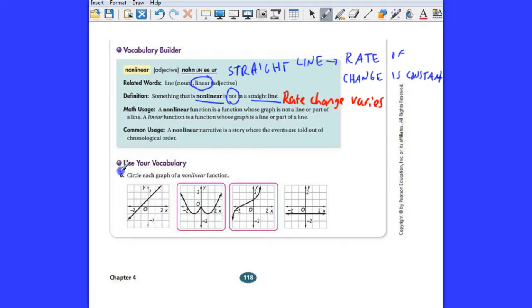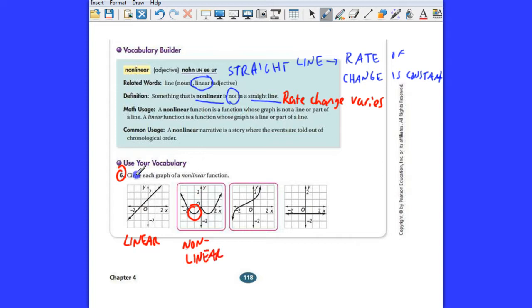Maybe it helps to take a look at number 6 where you can really see what's going on here. It says circle the graph that is nonlinear, or there could be more than one. So if I take a look at number 6, that makes a straight line, the graph right here. So this is linear. Okay, but if we take a look at the middle one here, we see right here that it's no longer a straight line, so that's nonlinear.